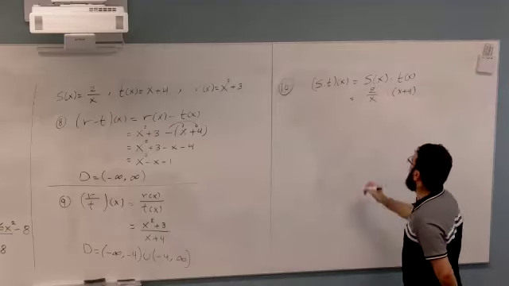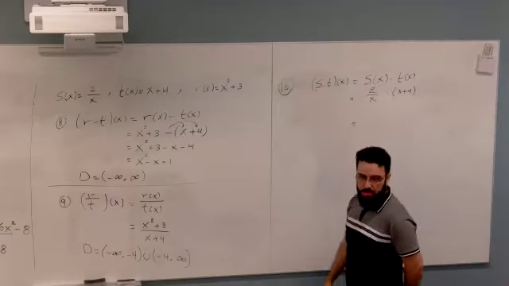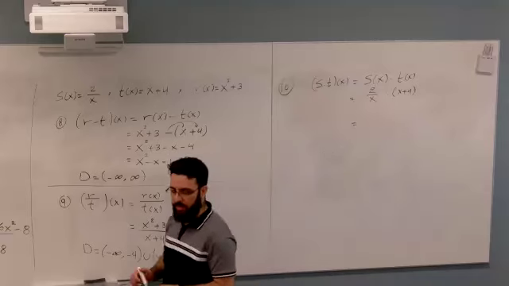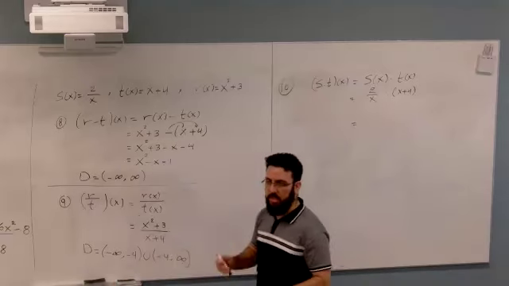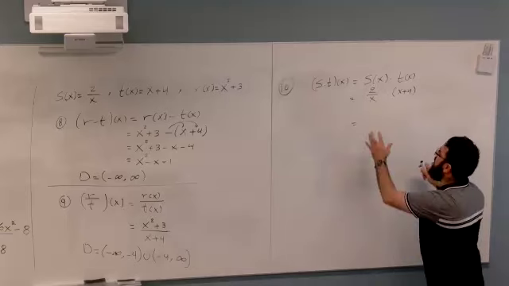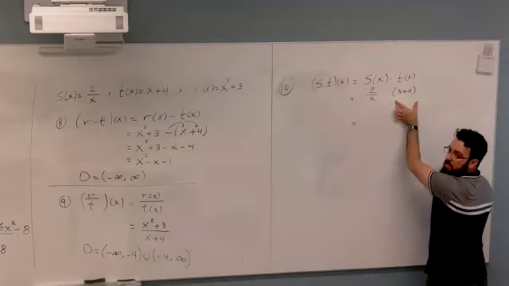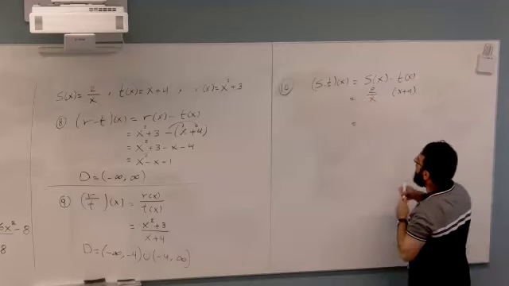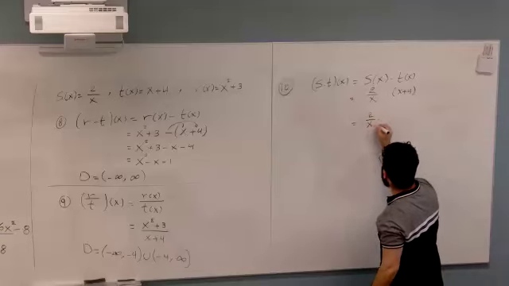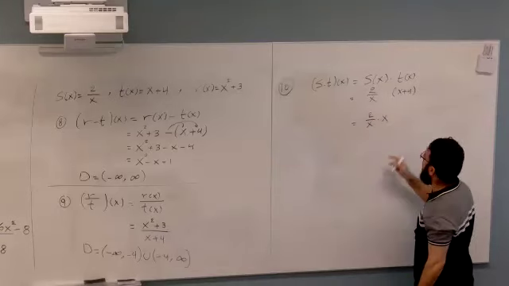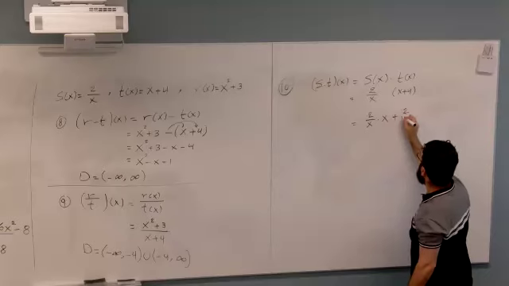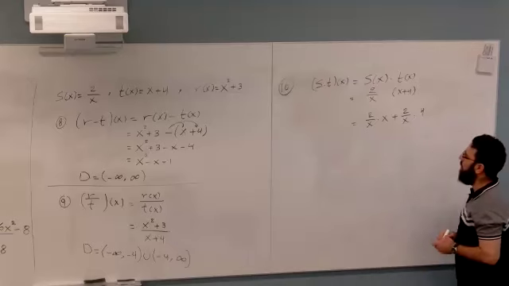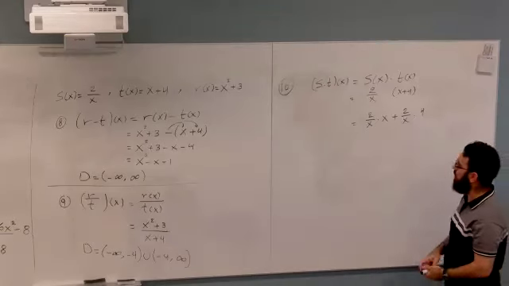How am I going to do the multiplication? The same thing. We have a number times parentheses, so what do I have to do? Distribute. 2 over x times x, plus 2 over x times 4.